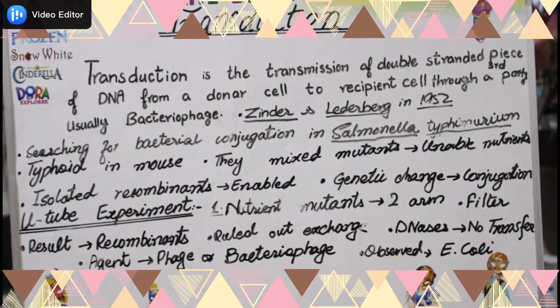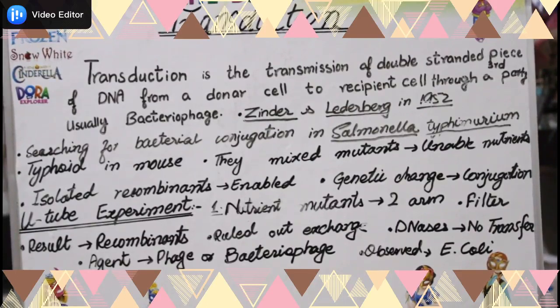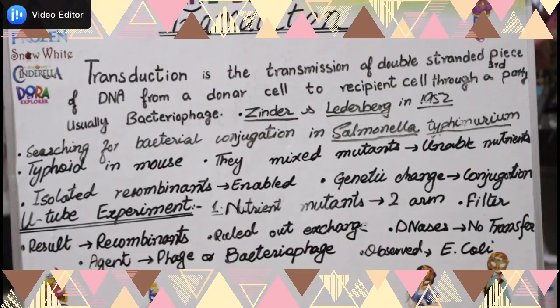They were working with this cell and studying bacterial conjugation. But during this process, they came to know about transduction, which is the third process of reproduction in bacterial cells. They were investigating bacterial conjugation.